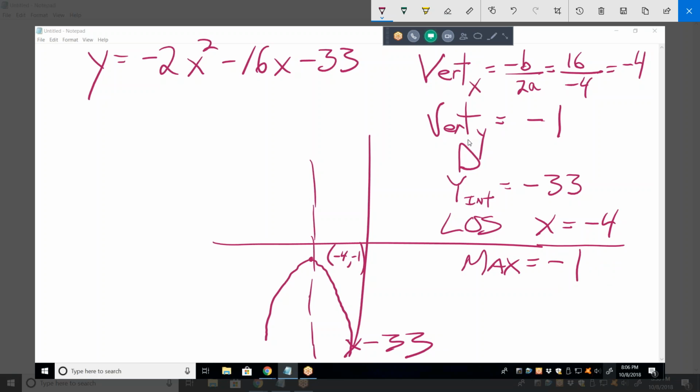They're not looking for this line right there, which is what I originally put. I put y equals -1, which would be that dotted line. That's not what they're asking for. What they're asking for is this value right there, that y value. And it's always y that refers to the vertex, the y-coordinate.